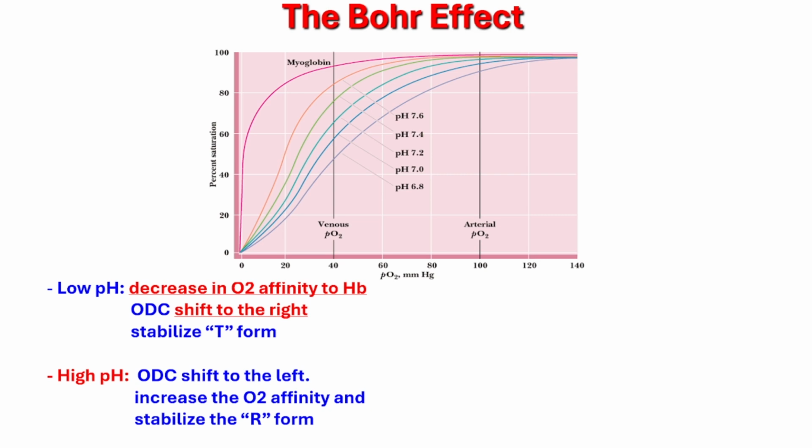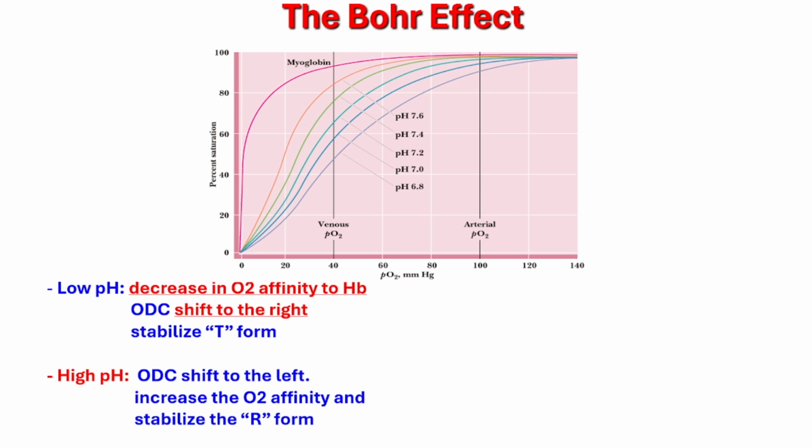So I will need less oxygen to bind the binding sites of hemoglobin. At this moment I'm going to promote the R form, the oxygenated form. So these are two opposite situations. When I have low pH, it is mostly the T form, with a shift to the right. When I have high pH, it is the R form, with a shift to the left.